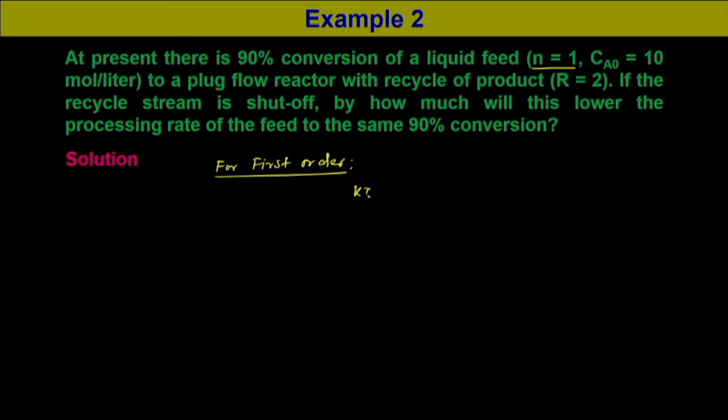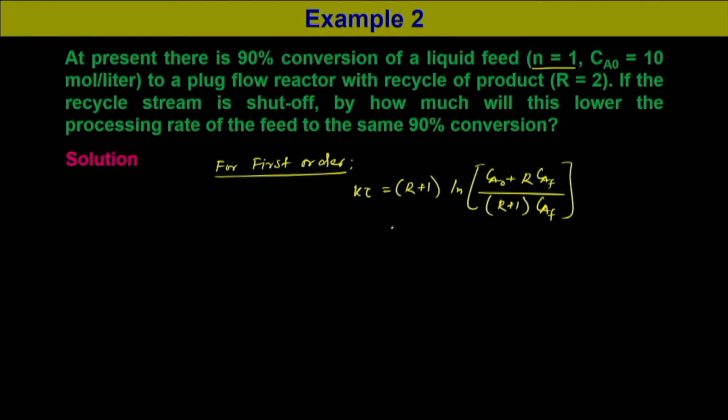K tau is equal to (R plus 1) ln[(Ca naught plus R CAF) divided by ((R plus 1) CAF)].